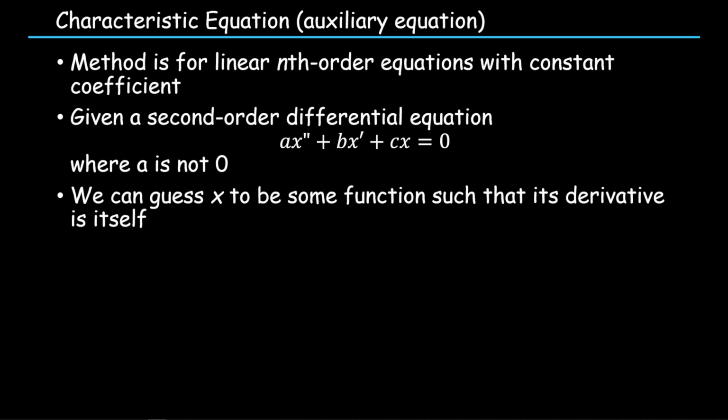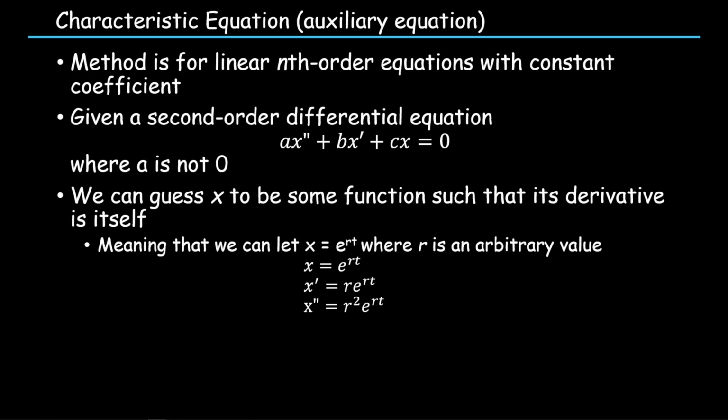If you recall back in Calculus 1, you ran into this little guy known as the exponential function. So we can let x equal e to the rt, where r is an arbitrary value. Once we take the derivatives, we get that x prime will be r times e to the rt, and x double prime will be r squared times e to the rt.